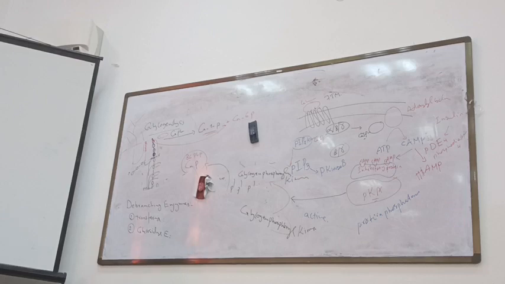So what are the products of glycogen hydrolysis? Glucose 6-phosphate, and most of the glucose is released as glucose 1-phosphate.